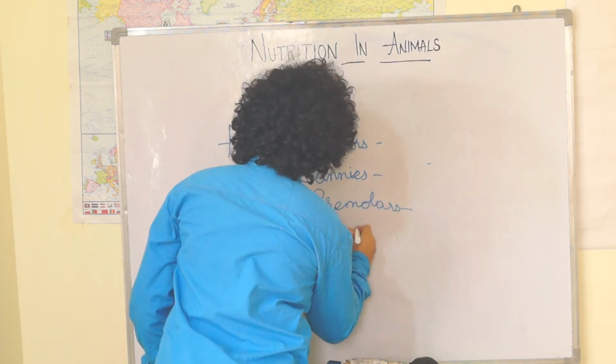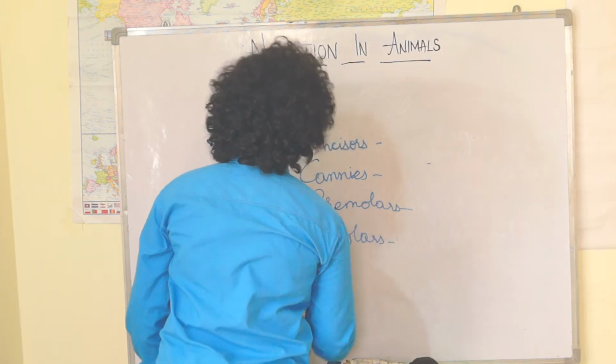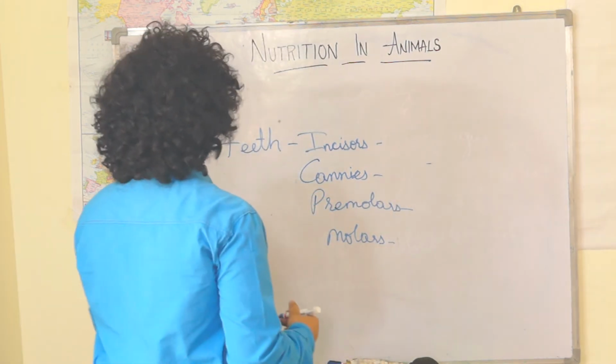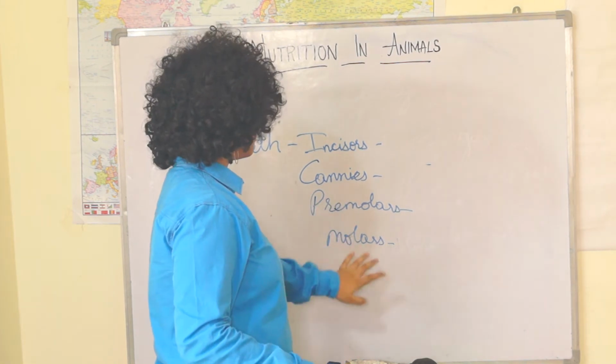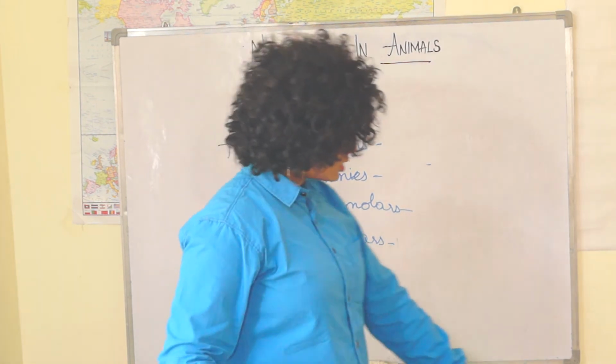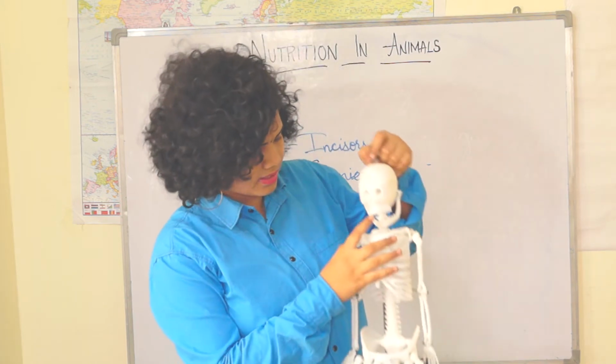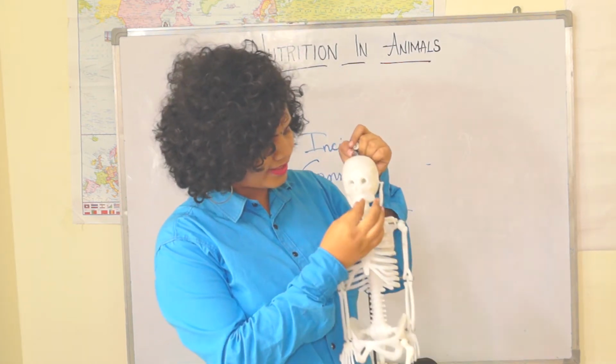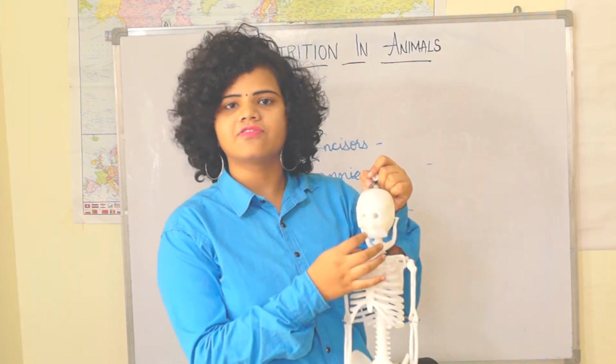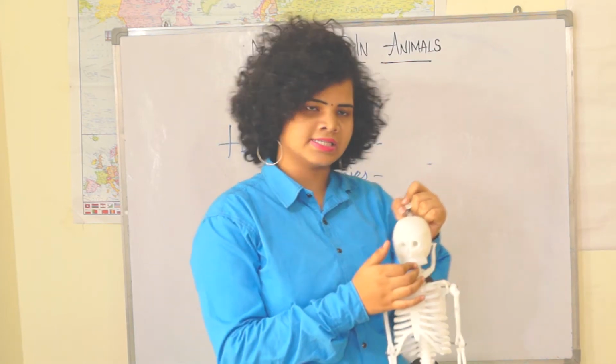And at last you have molars. So these are the teeth. First of all you have incisors, canines, premolars and the molars. So the front four teeth here are called incisors. You can see the front four teeth on this model. So these front four teeth are called incisors.